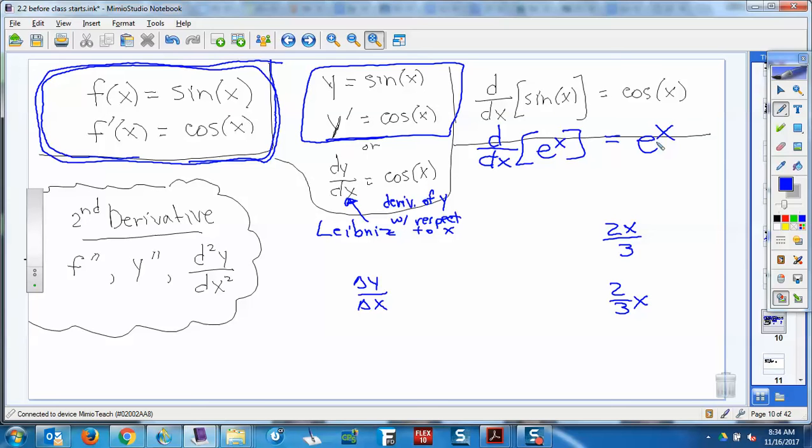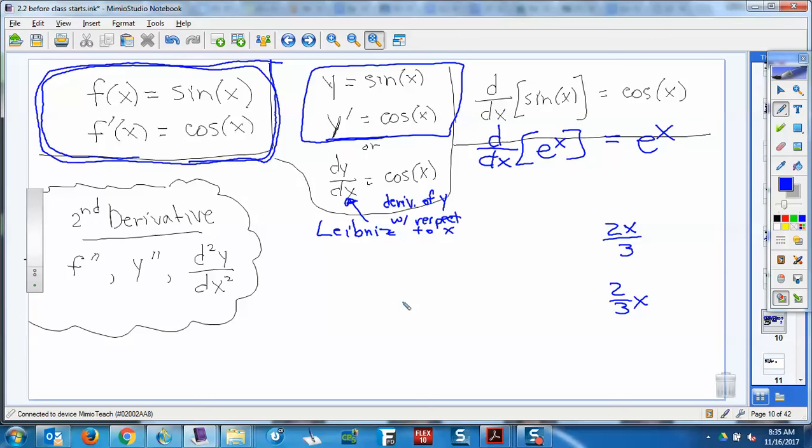And second derivative, of course, we know f double prime is the second derivative, or that could be y double prime. But another way to write the second derivative in Leibniz notation is with 2's up there. Now, it looks like you're squaring something. We're not squaring anything. Just like dy over dx, we're not dividing anything. It's just the concept of slope, so we're thinking derivative.